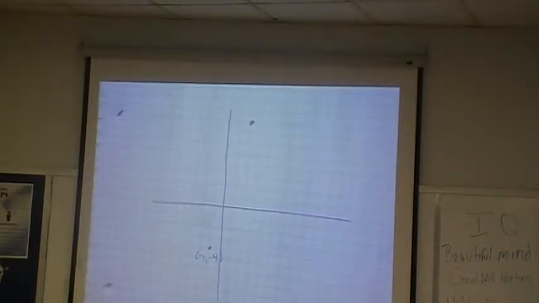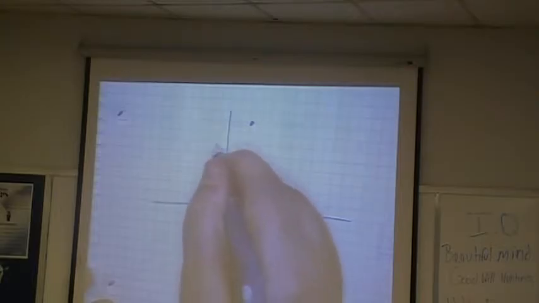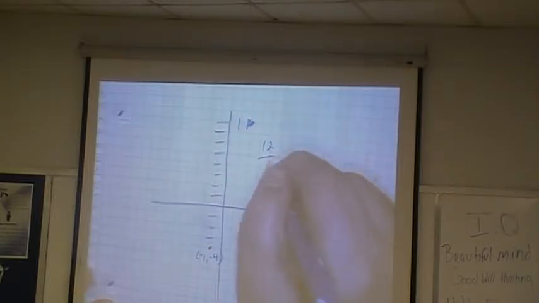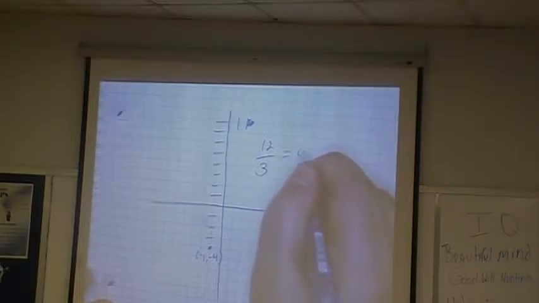Okay, so I got my 2 dots. And I'm going to count rise over run. 1, 2, 3, 4, 5, 6, 7, 8, 9, 10, 11, 12. 1, 2, 3. 12 over 3 is what? 4. So my slope is 4.